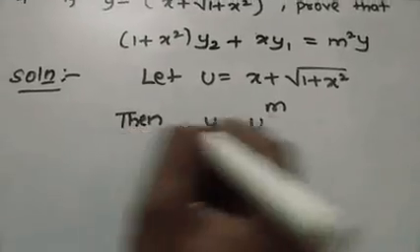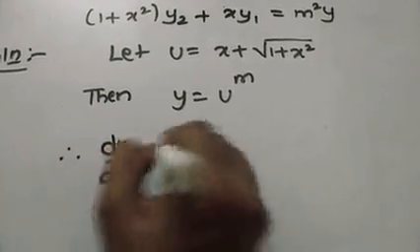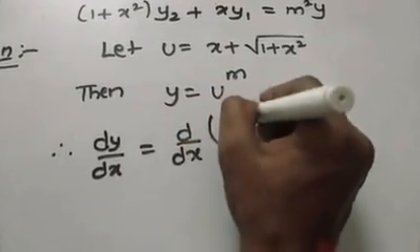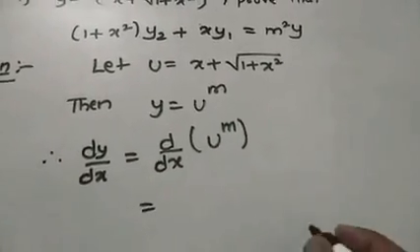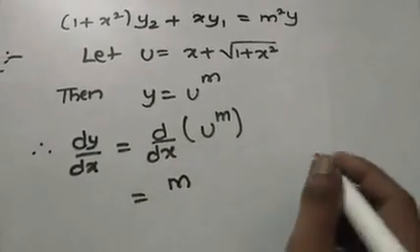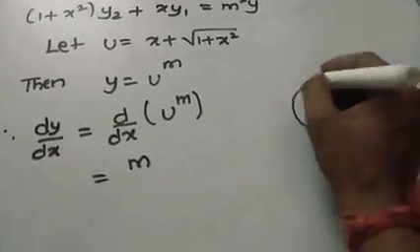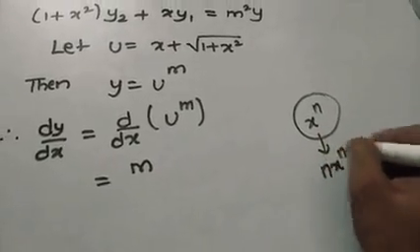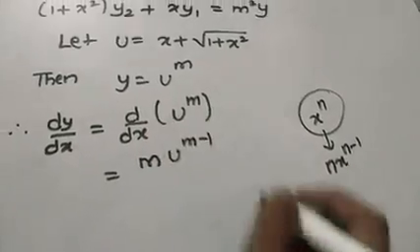So now we'll simply differentiate, that is we'll find our dy by dx, that is d dx of u to the power m. Just think like we are differentiating x to the power n. The differentiation is n x to the power n minus 1. Just using that formula, m u to the power m minus 1.